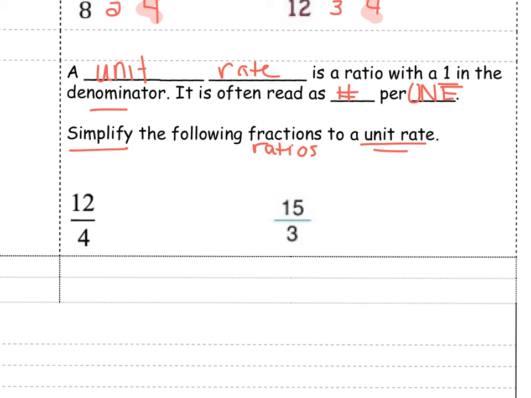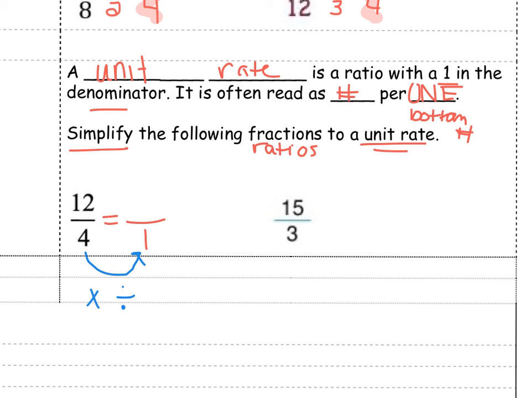So for a unit rate, remember we need 1 in the denominator, or the bottom number. So instead of that 4, we want 1. So to think of this, I always think, okay, what do I have to do to 4 to get to 1? Either multiplying or dividing.